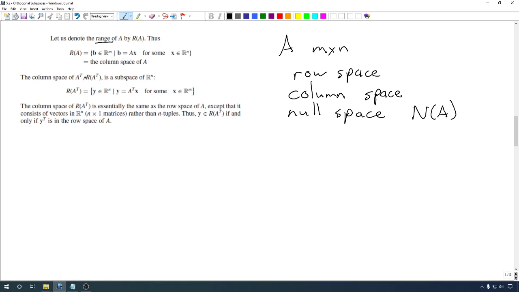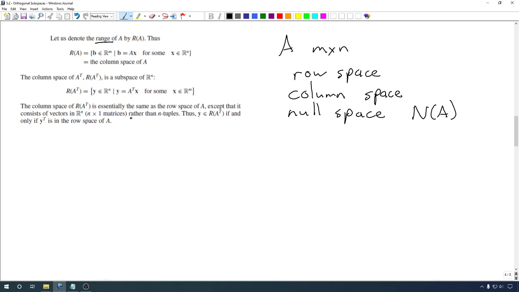The row space we can get by looking at the transpose. If we transpose the matrix, we turn columns into rows and vice versa. So all the rows become the columns of A transpose. And so we can look at the range of the transpose, and that will just be the span of all the original rows of the matrix A. So we'll say that the row space is R of A transpose.